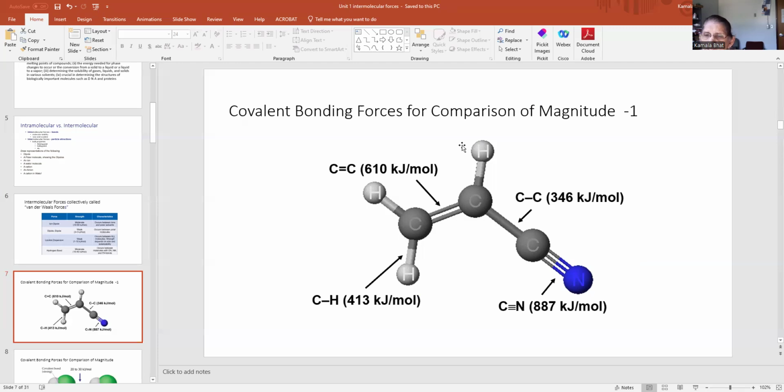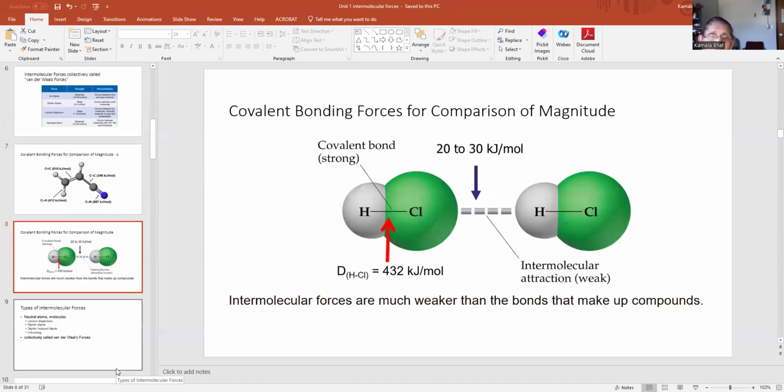The C-C bond is 346 kilojoules per mole, whereas the triple bond is 887 kilojoules per mole, and the C-H bond is 433 kilojoules per mole, showing that the bonding forces are much stronger than the intermolecular forces.